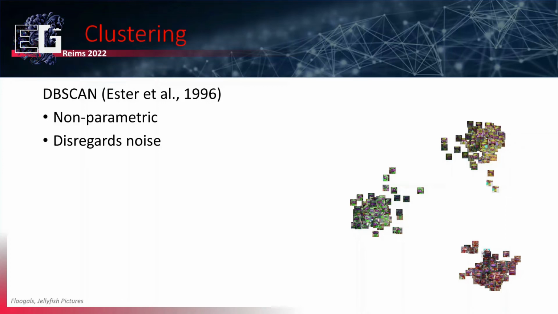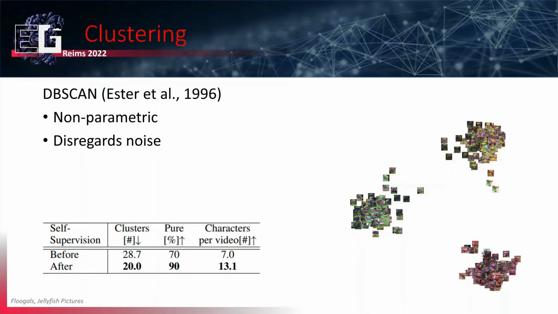This non-parametric method doesn't require the true number of clusters, while the character distribution is heavily long-tailed. Also, it disregards noisy candidates, which helps filter false positive detections. Our ablation study shows that self-supervision generates significantly fewer clusters of more characters, where 90% of the clusters are totally pure, which is better.